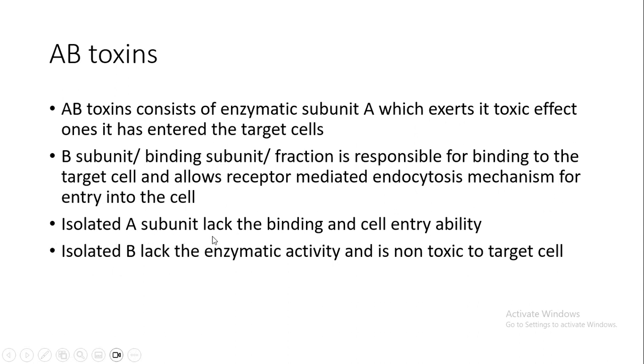So the isolated A subunit lacks binding, and hence it will not enter the cell, so it will not show any effect. Similarly, the isolated B subunit lacks enzymatic activity, and hence it is non-toxic to the target cell.